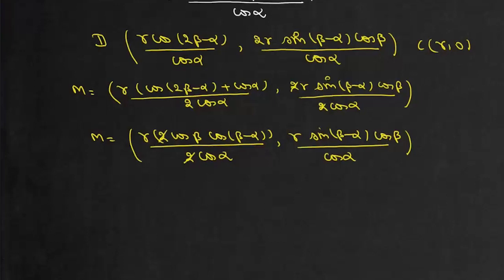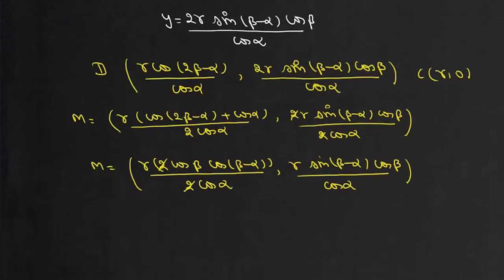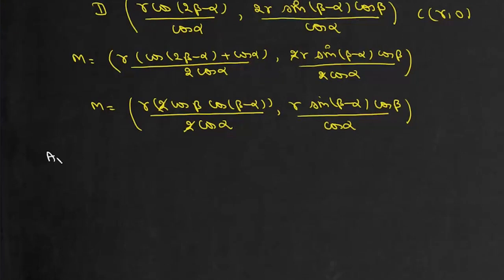Now once we have M, we know that this distance AM is given as d, so basically AM square is equal to d square. AM is distance between A and M, and A is minus r comma 0.